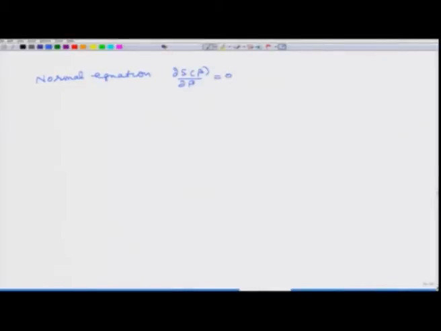So, we have X transpose X beta minus X transpose y equal to 0. So, what we do here is pre-multiply by X transpose X whole inverse. So, we get X transpose X whole inverse X transpose X beta equal to X transpose X whole inverse X transpose y.